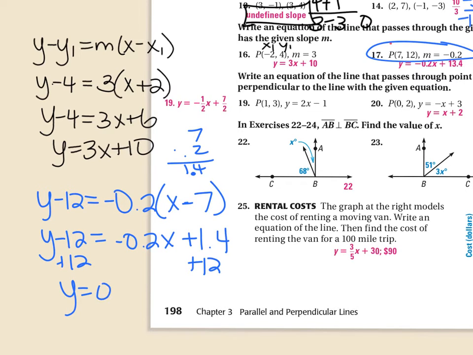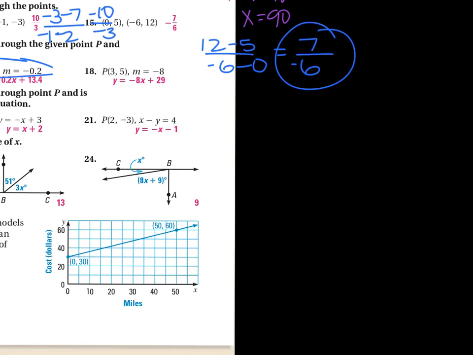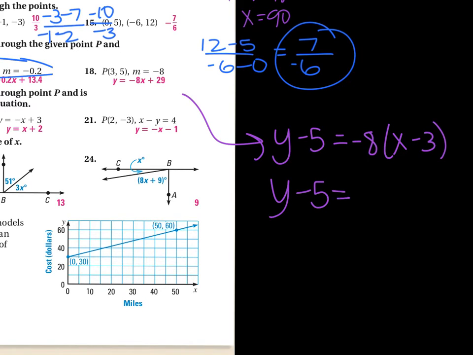Y would equal negative 0.2x plus 13.4. And 18, y minus y1 would equal m times x minus x1 at the 5.